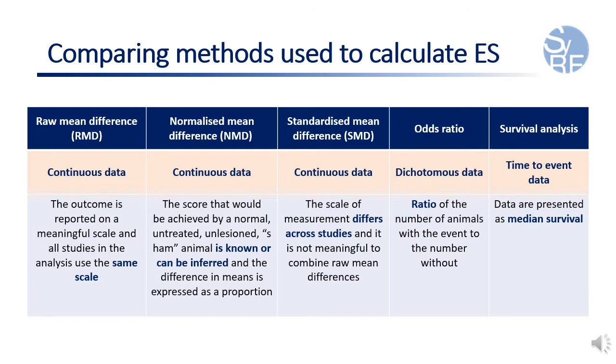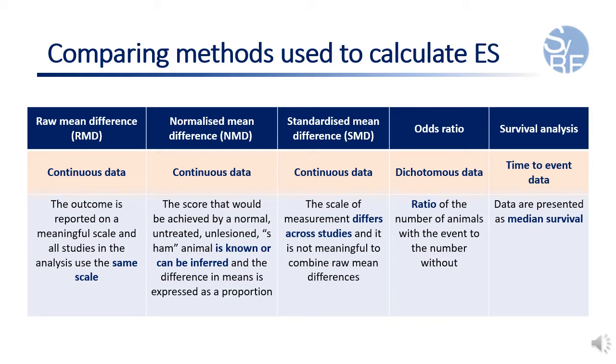Depending on what kind of data you have, you will have to use a different method to calculate your effect size for each of your comparisons. If you have continuous data, you may be able to perform a raw mean difference calculation if your outcomes are reported on a meaningful scale, and all comparisons in your review use this scale. If your scales differ, but you can still infer how a sham-naive, unlesioned animal would perform, you can use a normalized mean difference approach to calculating your effect size.